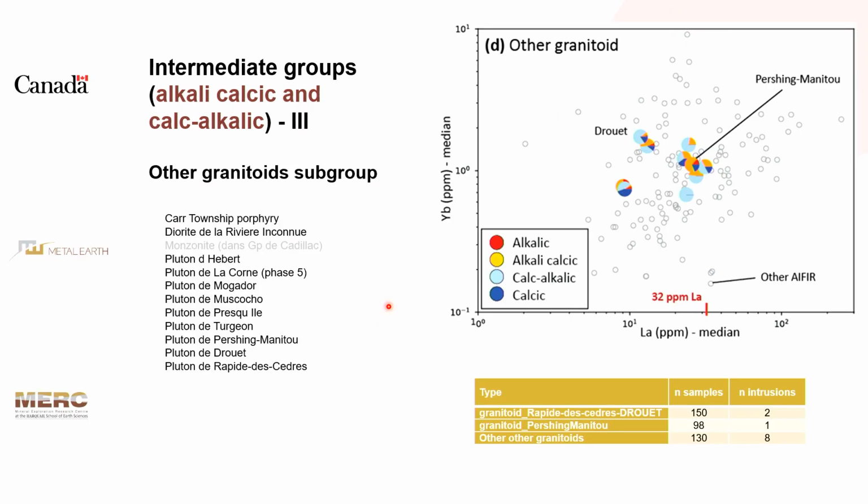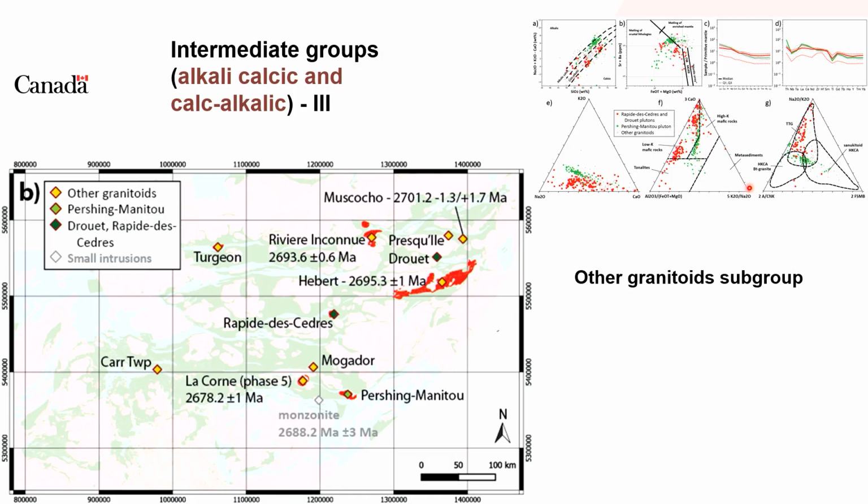And the third type of intermediate group is the same. It is whatever granitoid I had left at this stage. They fall in this category. They are also hybrid between the alkaline melt and the tonalite melt, but with a much more predominant tonalite component in the mix. So these are getting closer and closer to the tonalite type. Some in the literature could be called enriched TTG.